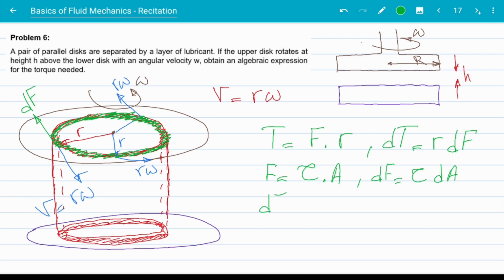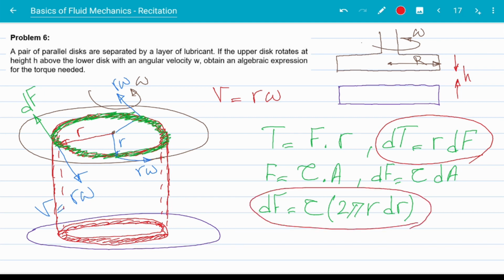So I can say dF is tau times, now what is dA here? dA is 2 pi r dr. So now let's isolate the equations that we actually need. This is the first equation, relating the torque to the friction force, the viscous force. This is the second equation that relates the viscous force to the shear stress. All we need to do is find a relation for shear stress now.